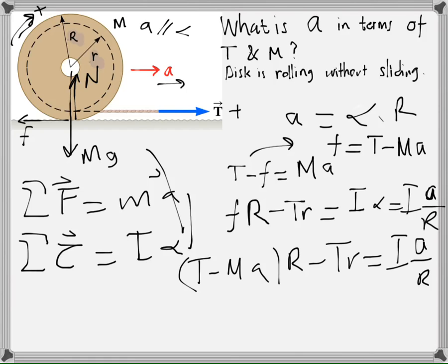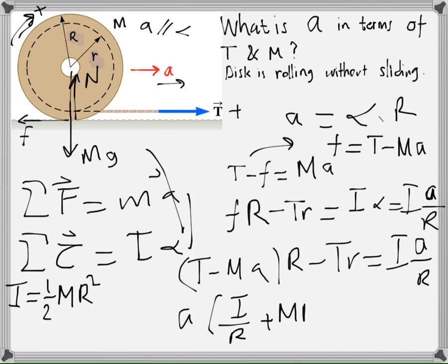But moment of inertia can be written in terms of the mass M, because it's a disk, 1/2 capital M times the big R squared, because it's rotating over the big R. So on the left hand side, A times I divided by R plus M times R, and on this side I have T times capital R minus small r.